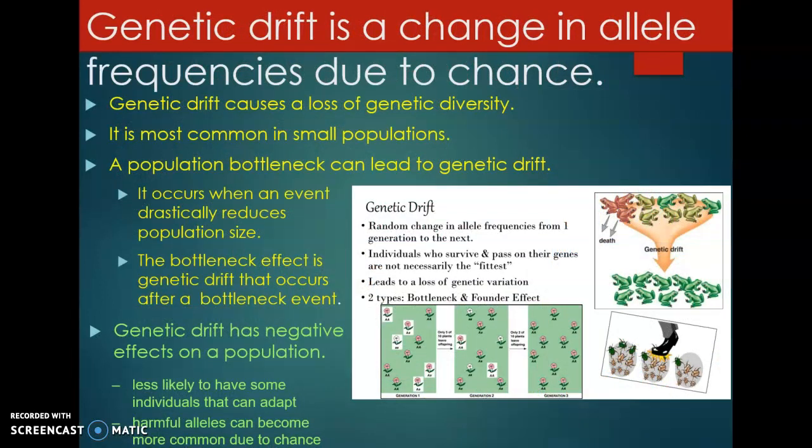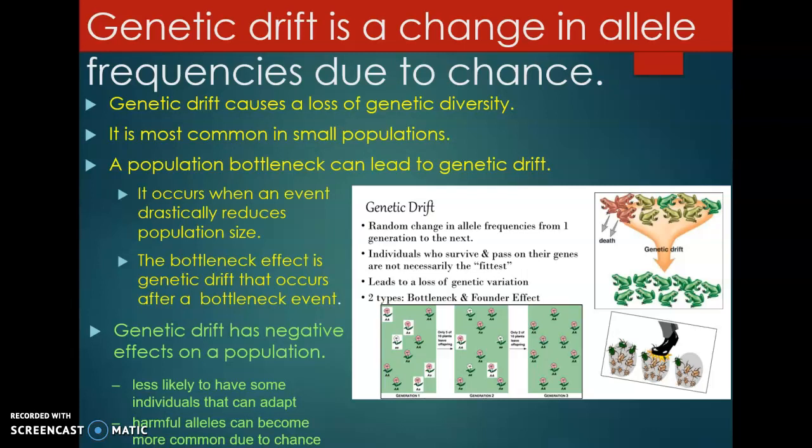Okay, next we have genetic drift. In genetic drift, allele frequencies are going to change by chance. And this comes from either the results of a bottleneck event or from a founder effect.